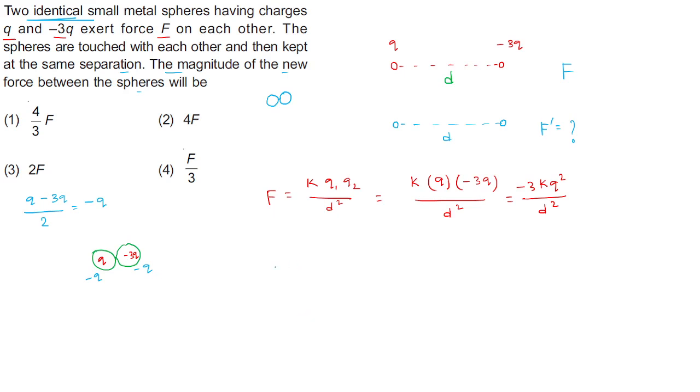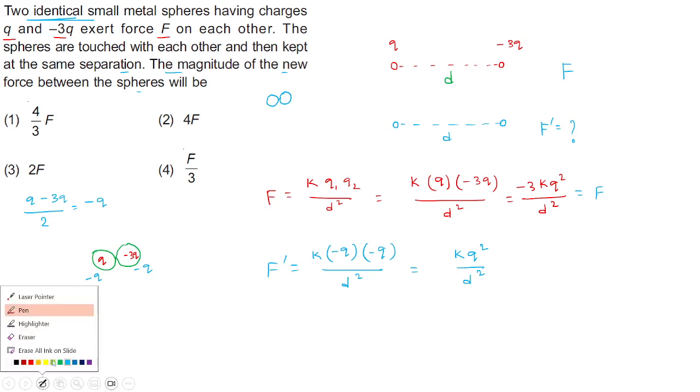Now we can easily write the new force: k, we write minus q for q1 and again minus q for q2, by d square, and the force will become k q square by d square.